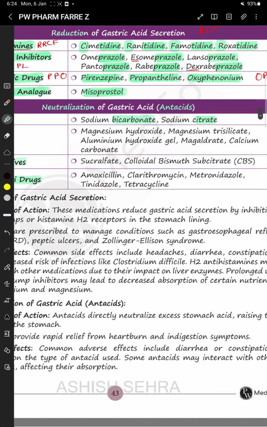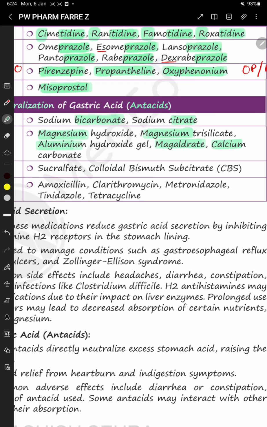The non-systemic antacids are magnesium hydroxide, magnesium trisilicate, aluminium hydroxide gel, calcium carbonate, and magaldrate.